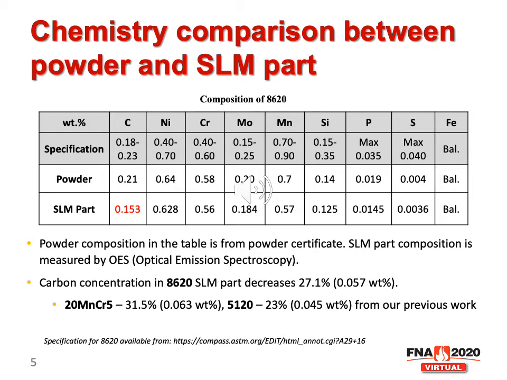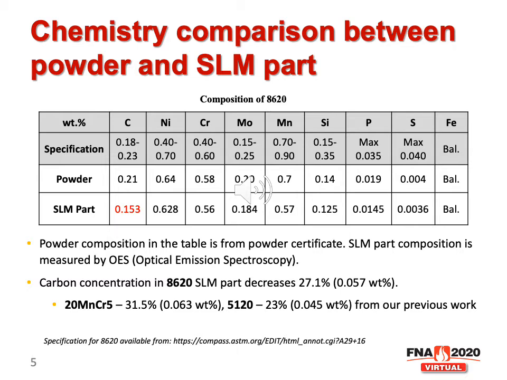So we conducted several measurements on the SLM part and got the average, shown here in this table. You can see the big difference is in the carbon concentration. The carbon concentration in the SLM part is much lower than that in the powder. It's about 27% lower.